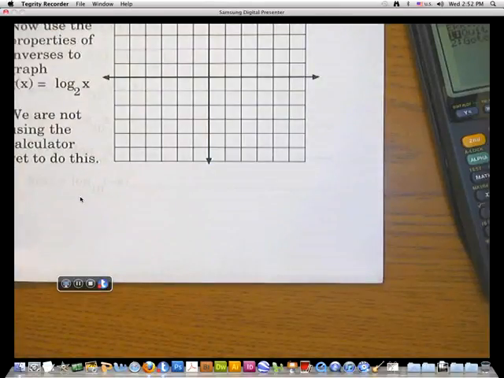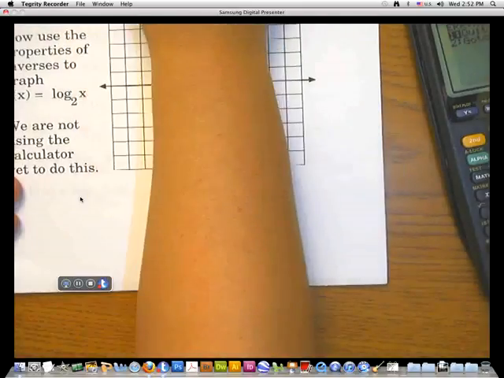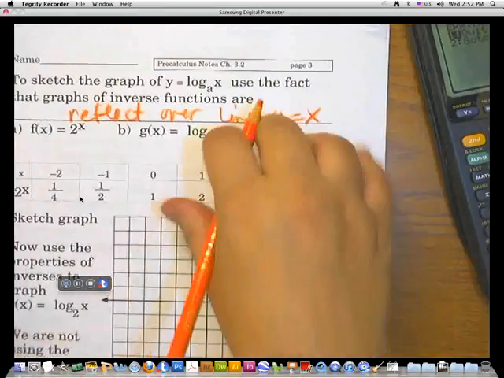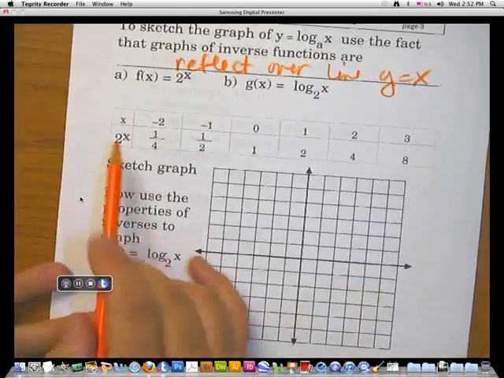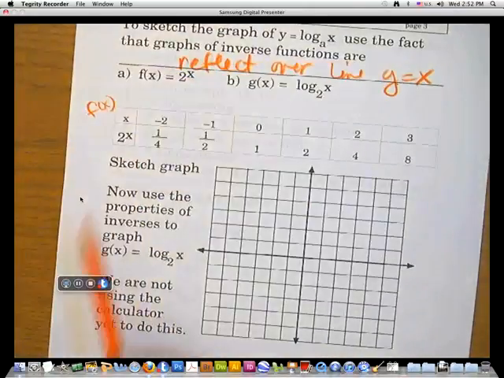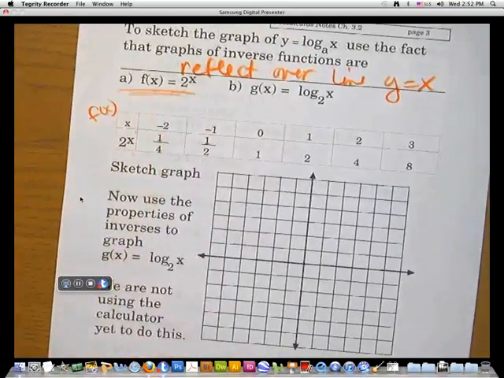All right, to sketch the graph of a log, we're going to use the fact that the graphs are inverses, which means if they are inverses, they reflect over the line y equals x. And we got this from a couple chapters ago, that if something's an inverse of each other, it reflects over y equals x. So if I look at my equation here, here's f of x. See x and 2 to the x, so that's how I know it's my letter A here.